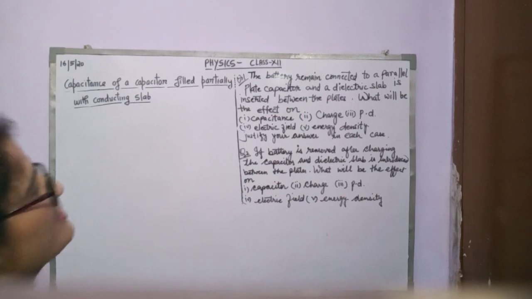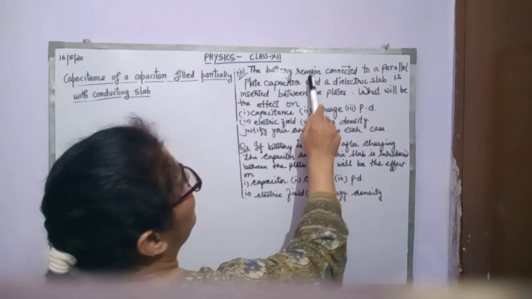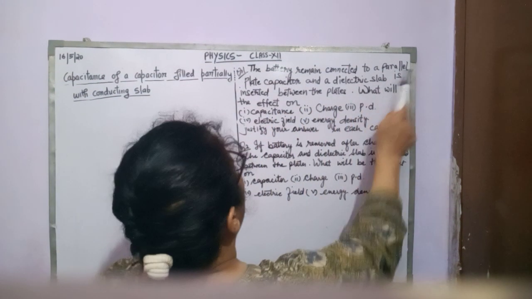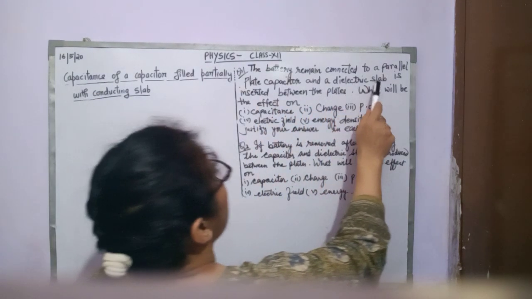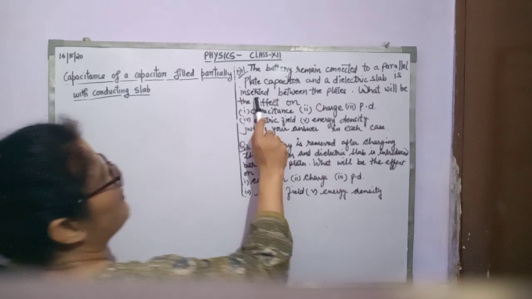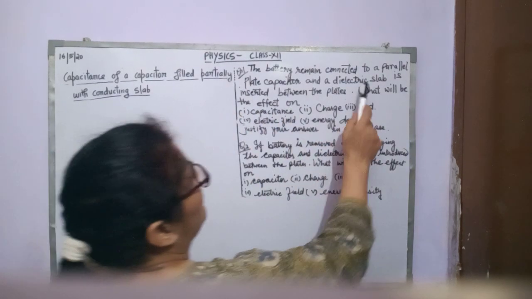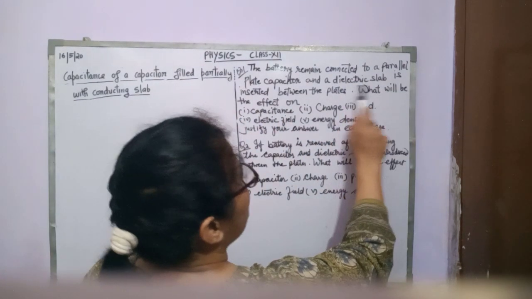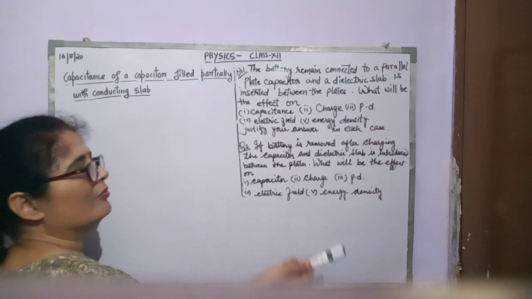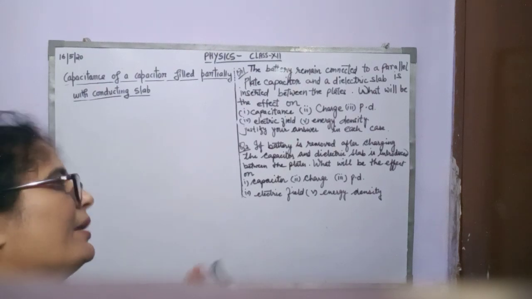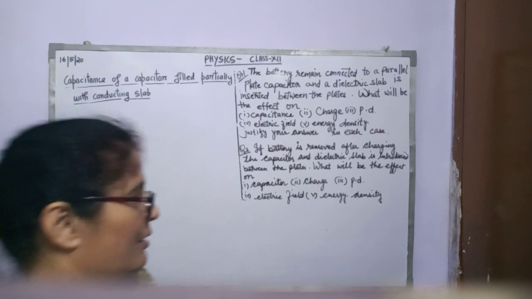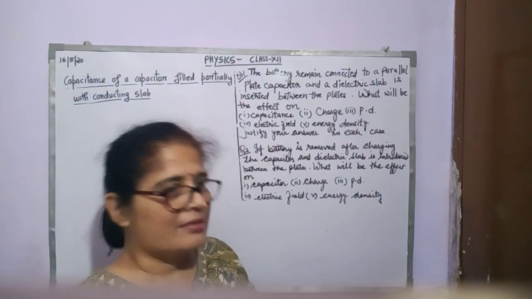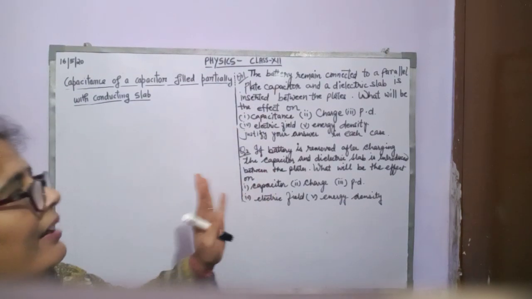Now the question is: the battery remains connected to a parallel plate capacitor and a dielectric slab is inserted between the plates. The thickness of the dielectric slab is not given. We will assume that the space between the plates, equal to the distance d, is fully occupied by the dielectric slab.